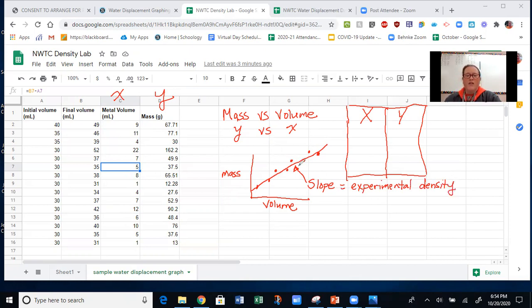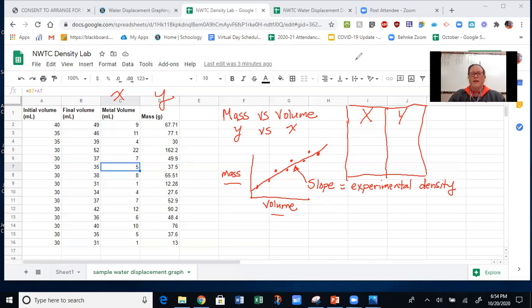So the slope of a line on a graph of mass versus volume is going to be equivalent to the experimental density. So that is the direction that we're taking with this activity.